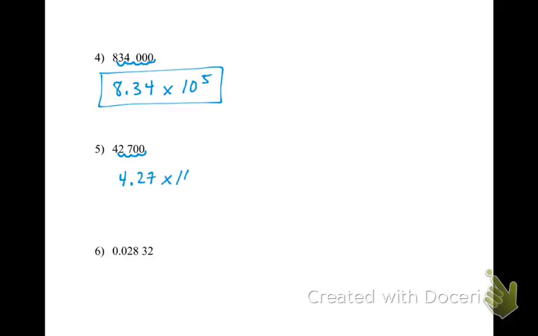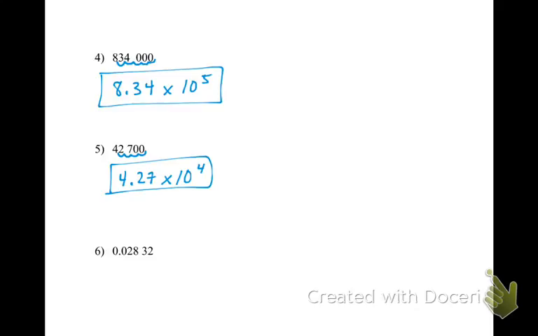So 834,000, 1, 2, 3, 4, 5, 8.34 times 10 to the 5th. Yay! 42,700. That's a number. 1, 2, 3, 4. 4.27 times 10 to the 4th.